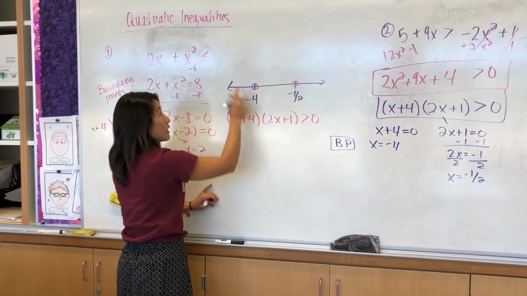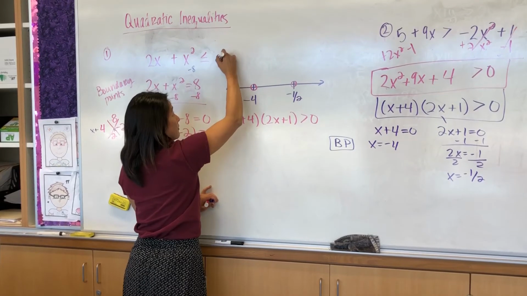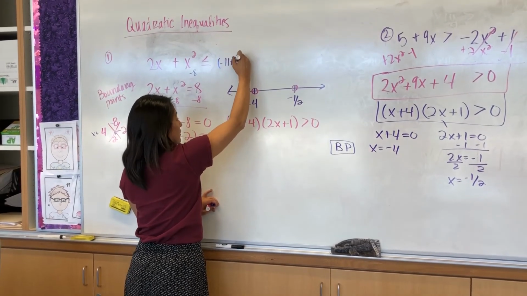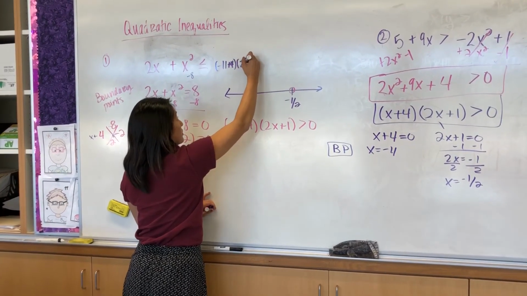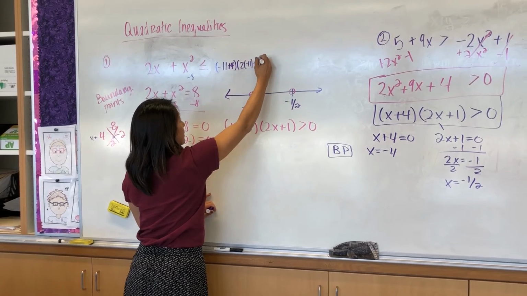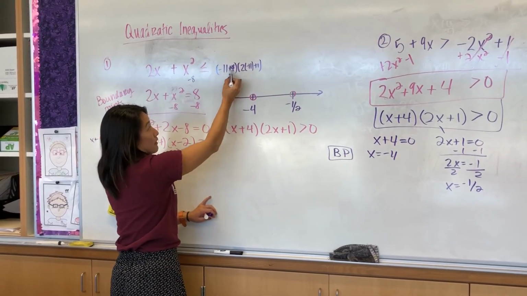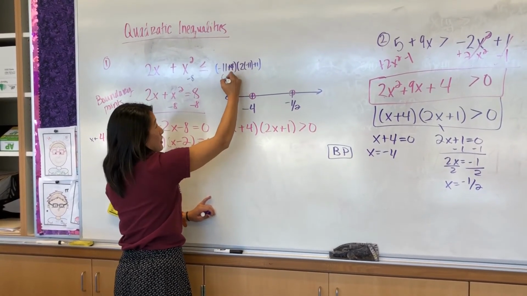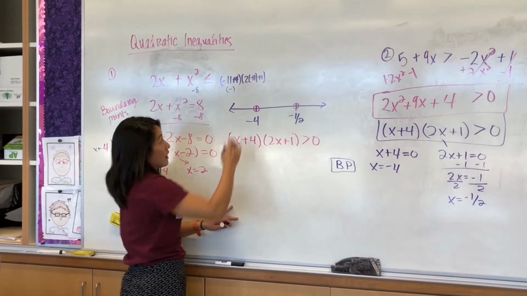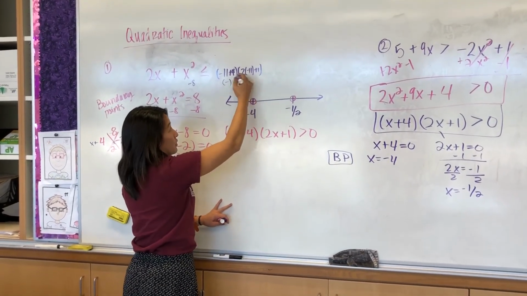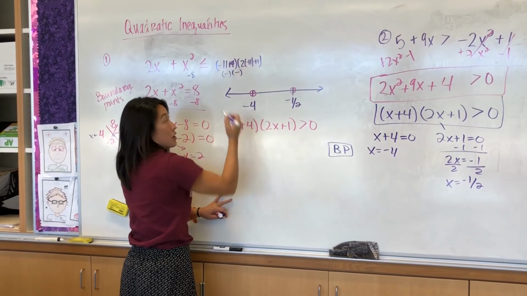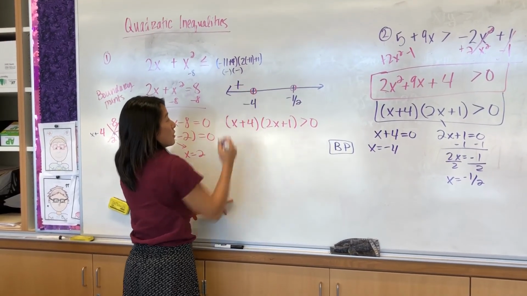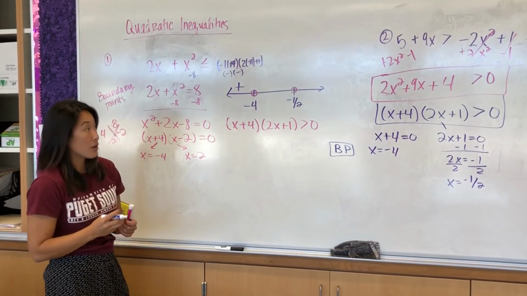Okay, so less than negative 4, negative 11 plus 4 times 2 times negative 11 plus 1. Okay, that negative 11 plus 4, I don't even care what number it is, but I know it's negative. And I'm multiplying that by also a negative number. So these outputs right here are going to be positive, greater than 0.